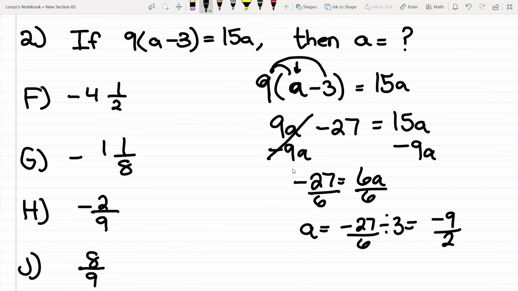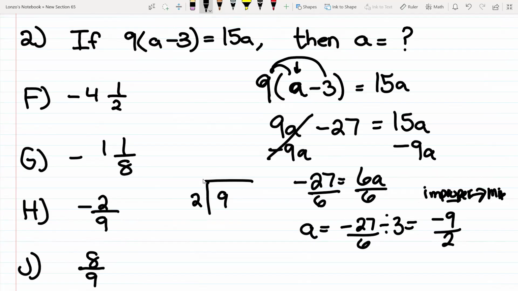Now, you don't see our answer because if you look at the choices, they're all mixed numbers. This is an improper fraction, so let's make it mixed. You can make this mixed if the numerator is bigger than the denominator, which in our case it is. So you put 9 on the top and 2 on the outside.